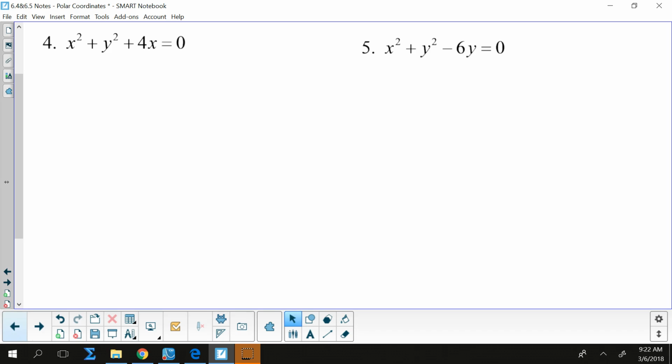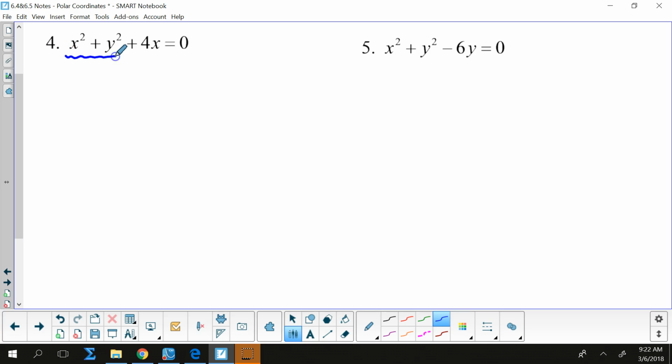Okay? So if I know that x squared plus y squared is r squared, and I know that x is r cosine of theta, I get that, correct?